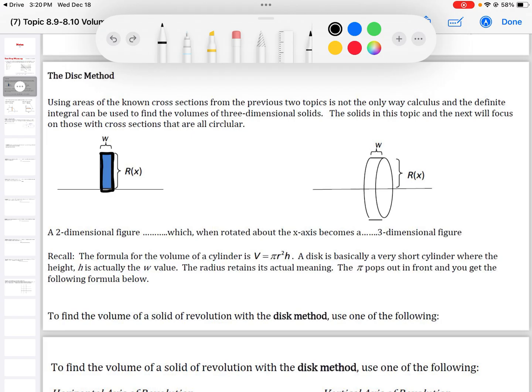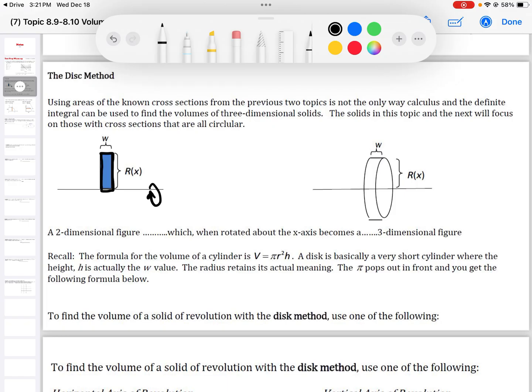But if I had that width, and it's like an actual rectangle, and I spun that thing around the x-axis here, that would form a 3D shape. It would form this disc over here. It looks like a little hockey puck. That's what I see.